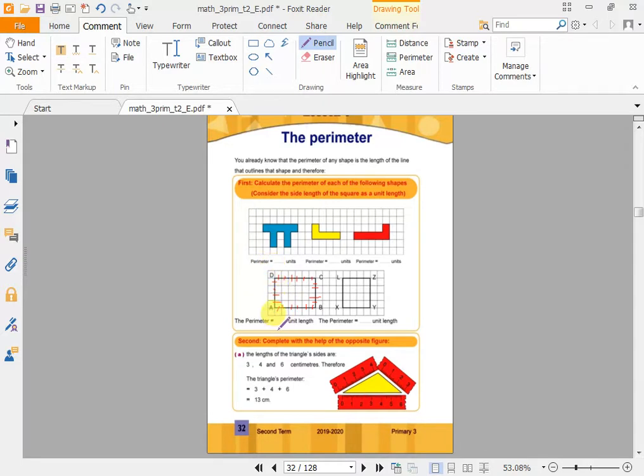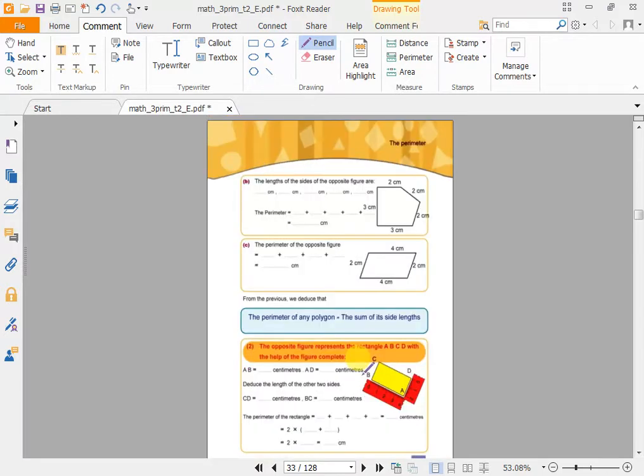So the perimeter equals 20 units length. Write 20 on the dots. Try this shape by yourself.